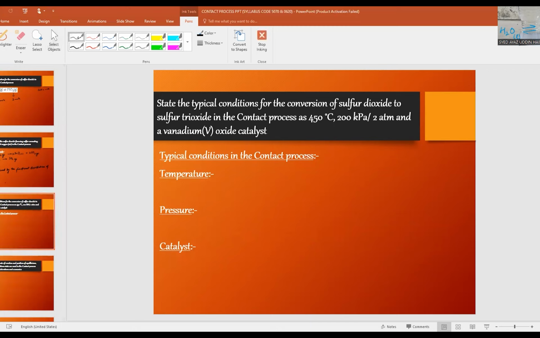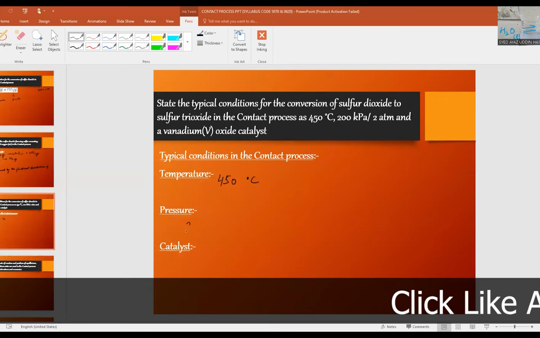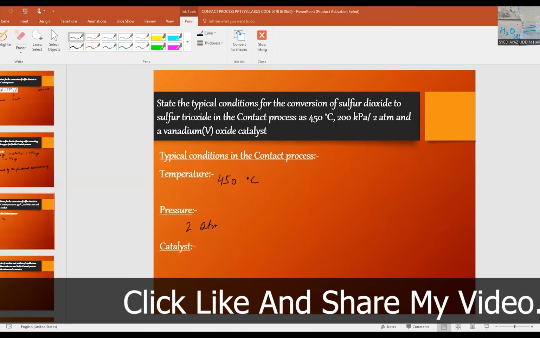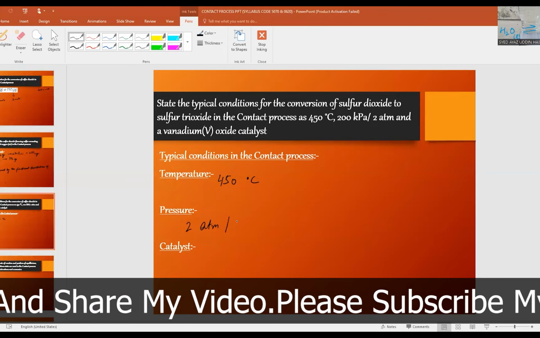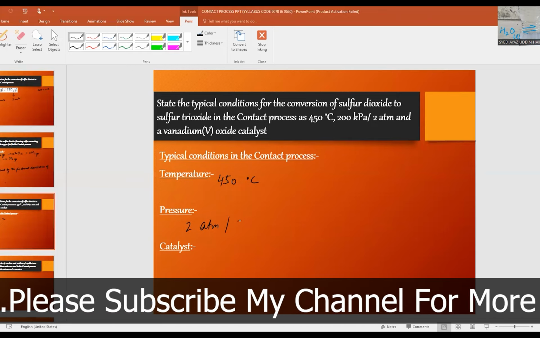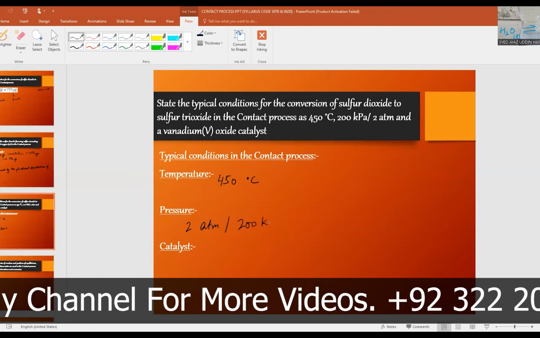Typical conditions in the contact process: temperature 450 degrees centigrade or Celsius, pressure 2 atm or 200 kilopascal.